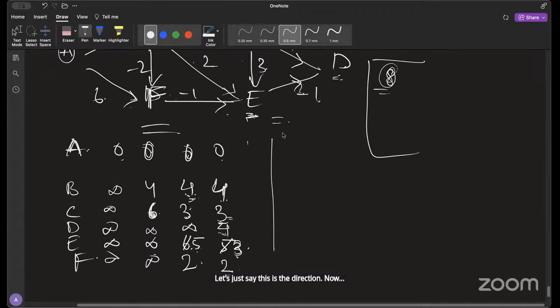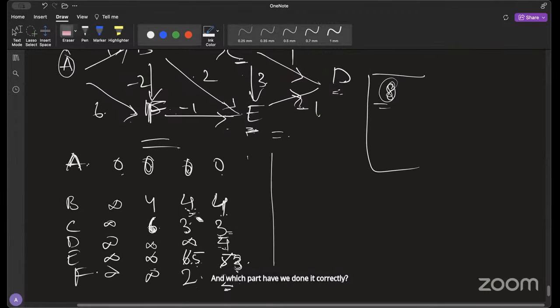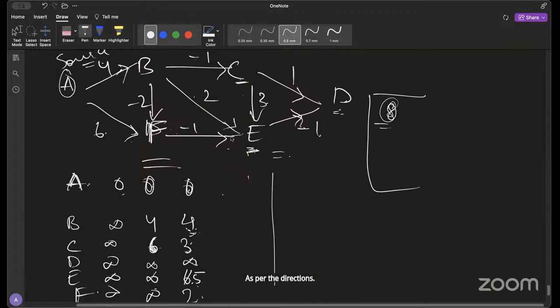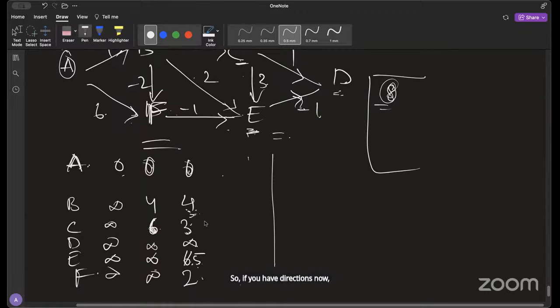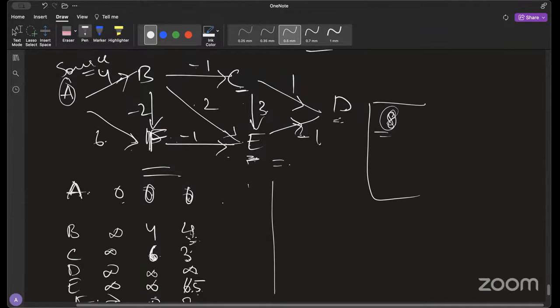Now, in which part have we done it correctly as per the directions? I think we've made a mistake on the last step only, as per the directions. So if you have directions now, which edge were we on?